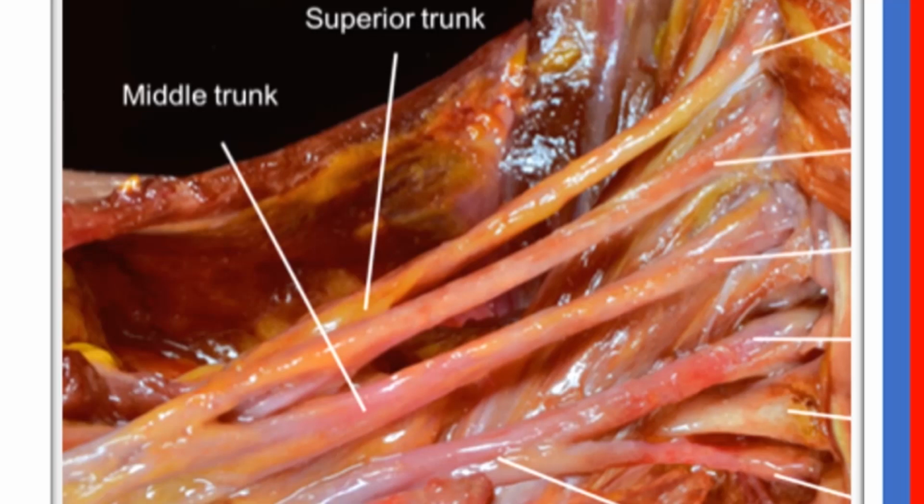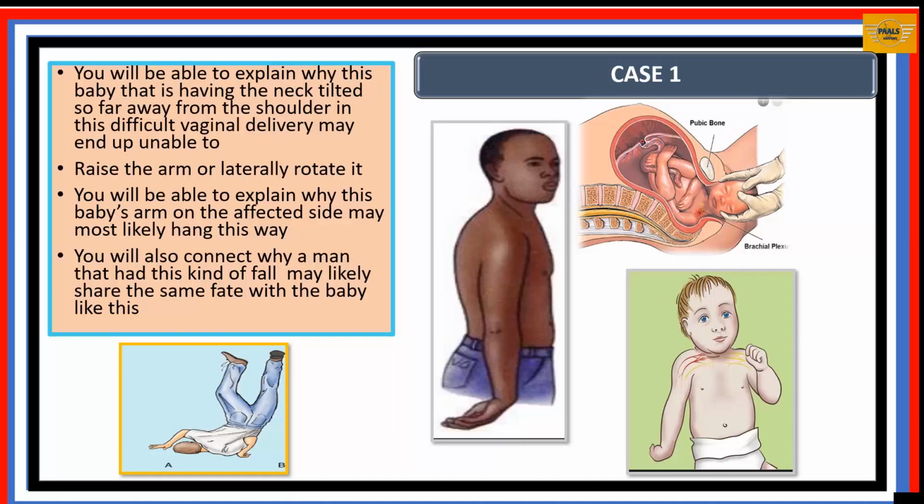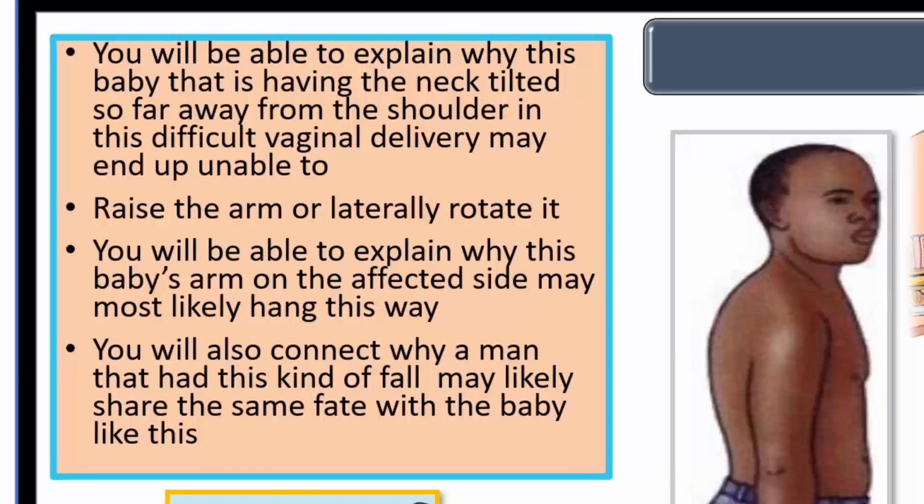The terminal branches from this brachial plexus will supply different parts of the upper limb, and injuries to all or part of its nerves will affect, in varying degrees and depending on the branch affected, movement of the various parts of the upper limb. Now, it is so important that there are so many clinical correlates associated with this brachial plexus. Well, in your clinical practice, I'm sure you're going to have encounters with some of the cases I'm presenting here.